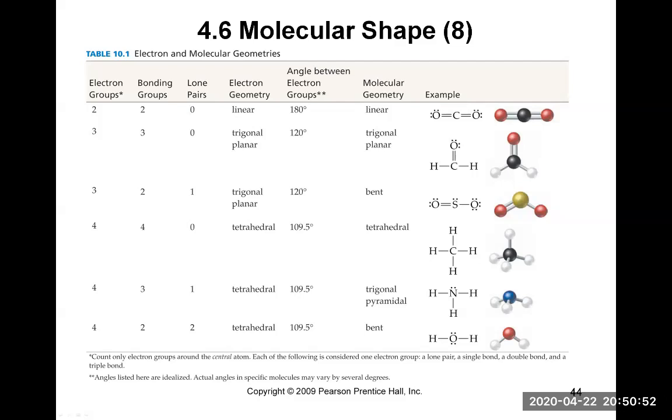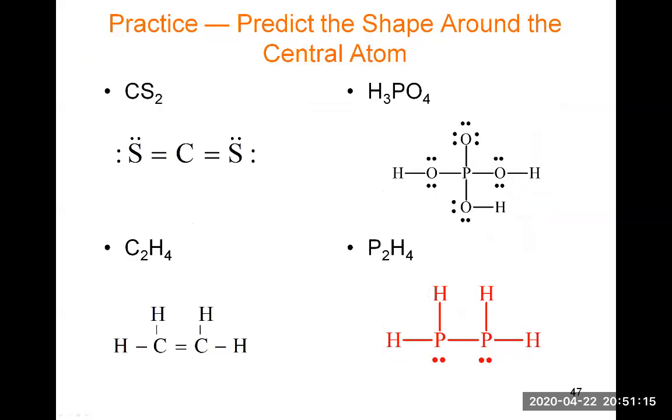That's the first line, and it says that the electron geometry is linear and the molecular geometry is also linear. So CS2 then has a linear shape, right? Because two electron groups, two bonded atoms, 0 lone pair leads to a linear shape.